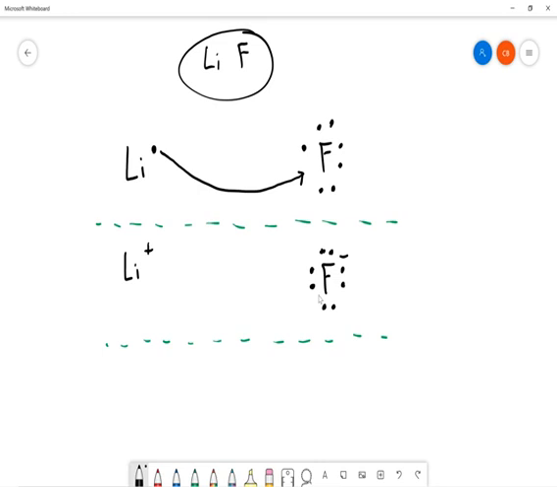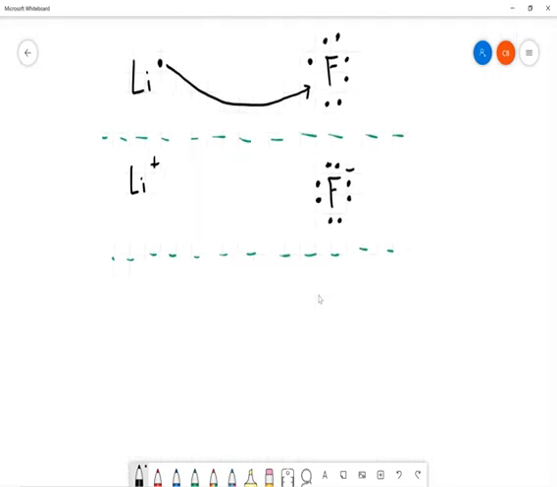What happens is that we still have mutual attraction to each other in the form of these full-on charges. Lithium having a positive charge, fluoride ion having a negative charge.